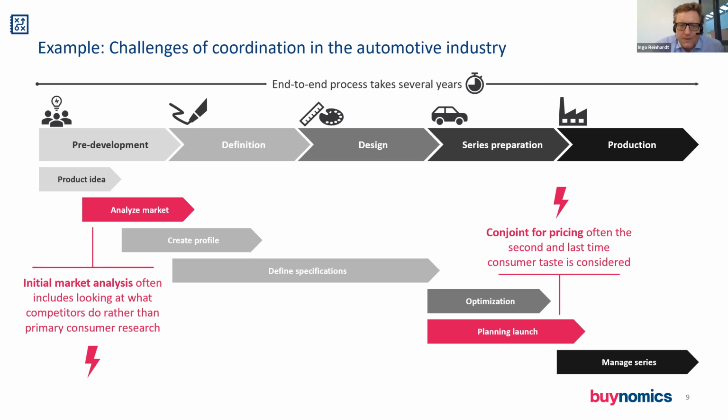And then you have different decisions along the way. And I think we're using the auto example here because the product development in automotive is particularly long. And because of the physical nature of the product, you have to make certain decisions very early on when you decide on engines, on certain design features, and so on. You have to decide these things many years before start of production.